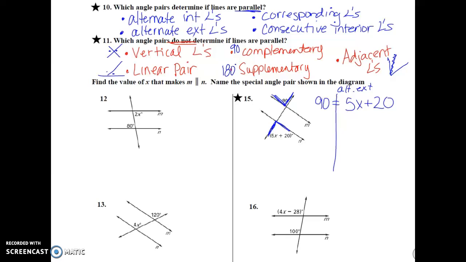Again, solving that, remember you subtract from both sides. 90 minus 20 is 70, and then divide by 5. 70 divided by 5 is going to give you 14. Find the value of x, did that. That makes those lines parallel.